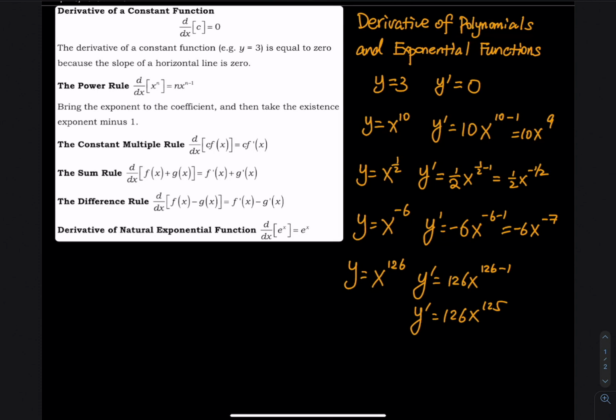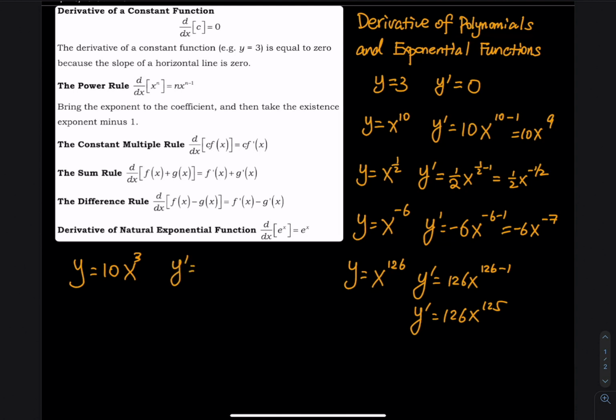The next one is called the constant multiple rule. By the way, the d/dx is called the derivative with respect to x. We have the derivative of c times f of x equals c times f prime. So let's say you have y equals 10 times x to the third power. Make it simple. What about y prime?